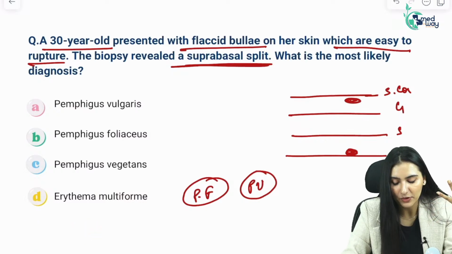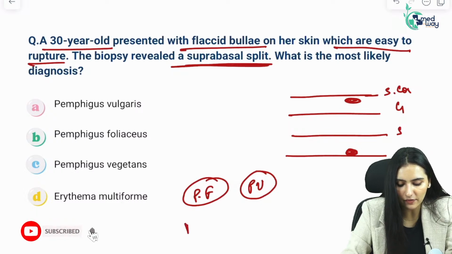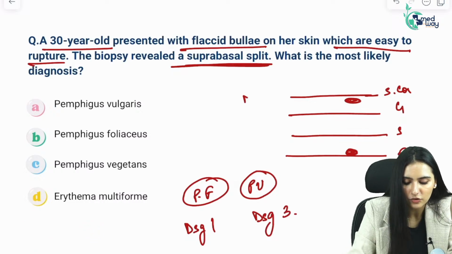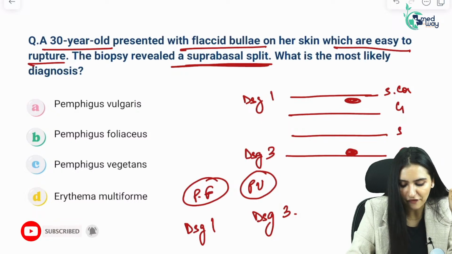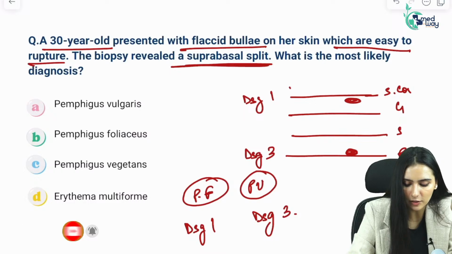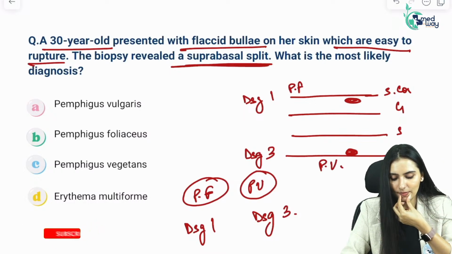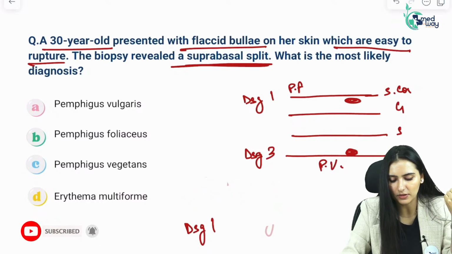How I have remembered it is, this is on top and they are associated with anti-DSG antibodies. So, DSG1 and DSG3. So, 1 will come up. So, this is DSG1. 3 will come down. So, this is DSG3. F stands for first. So, this is pemphigus foliaceus and this is pemphigus vulgaris. I'll just remove this. This is how I remember this table.